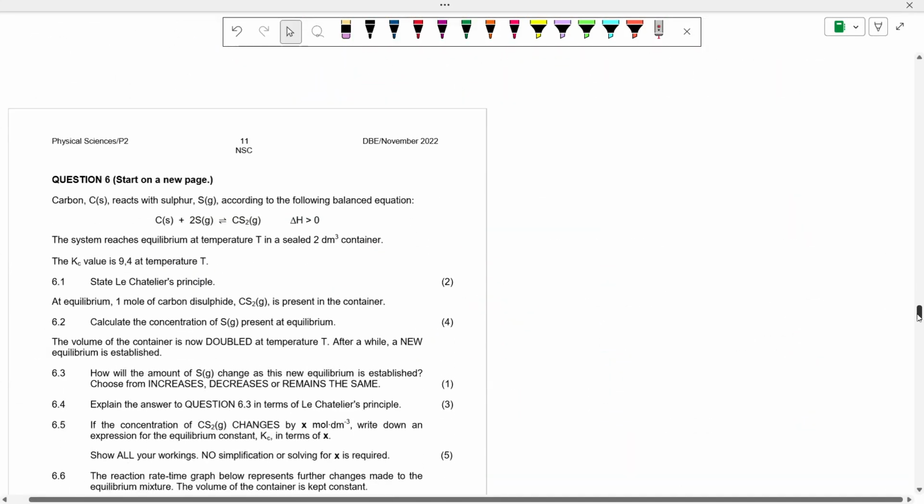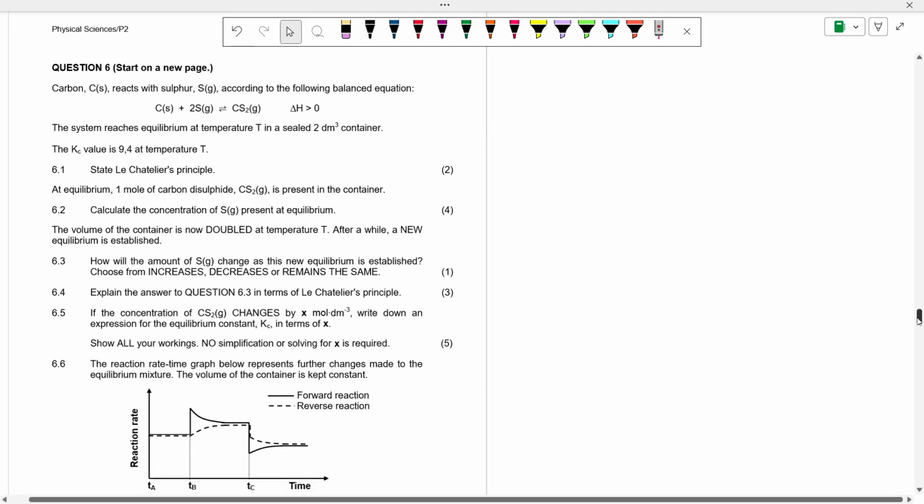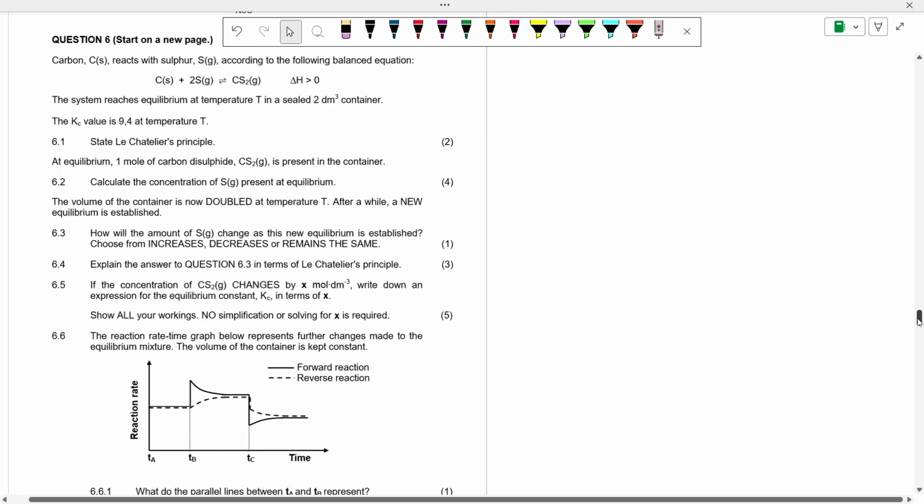Chemical equilibrium. Is there any problem with that? I don't know if I should say a problem or silly mistakes, but in terms of the theory, everything is sharp. Okay, let's browse through it for 5 minutes and see where you guys are at. They say carbon, C solid, reacts with sulfur, S gas, according to the following balanced equation.